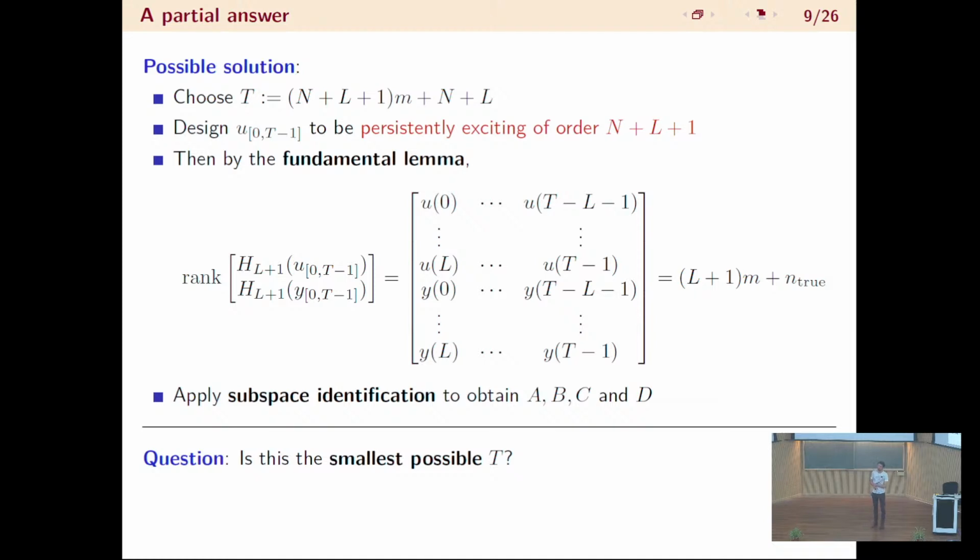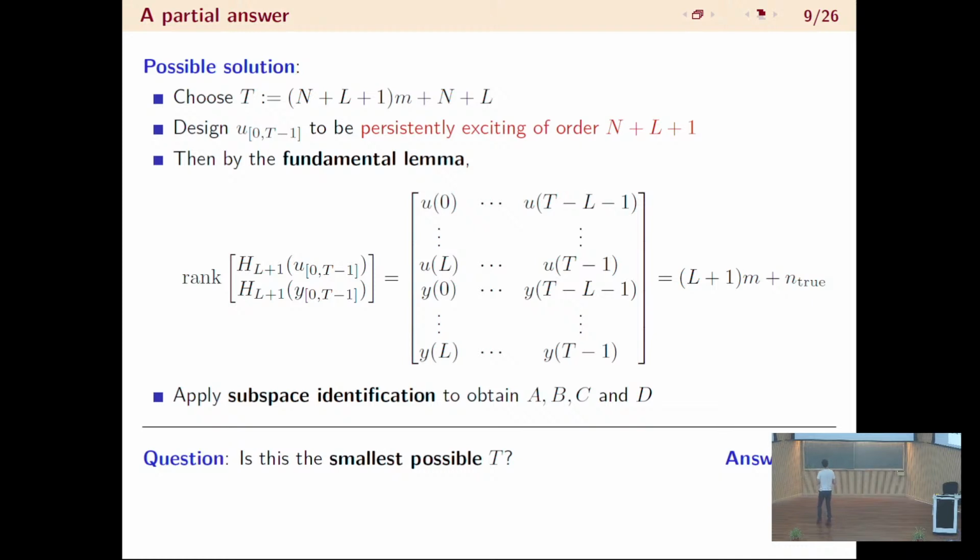Well, this would not be a very interesting lecture if it turned out that this was the smallest possible number of samples. So indeed, the answer to this question is no. This is not the smallest possible number of samples. One way of improving over this persistency of excitation is, instead of doing an offline procedure, where before doing the experiment I already design all of my inputs at once.